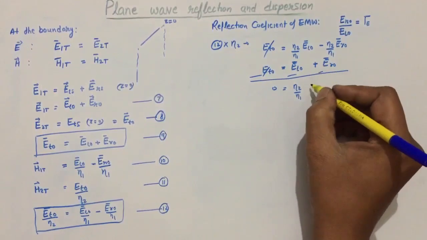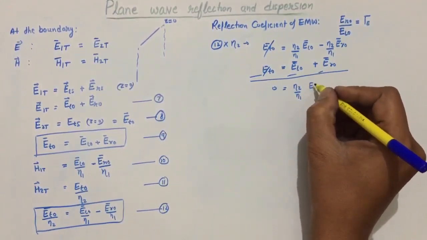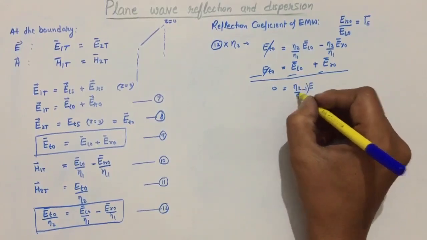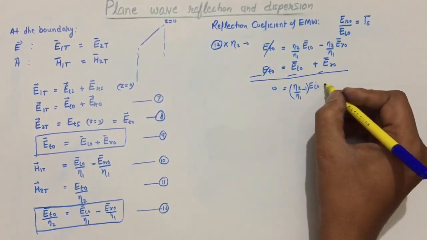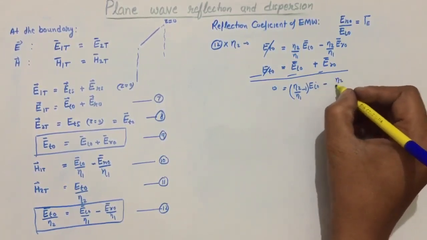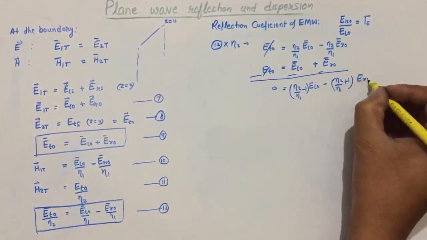This will be eta 1 minus 1 Ei naught minus eta 2 plus 1 Er naught.